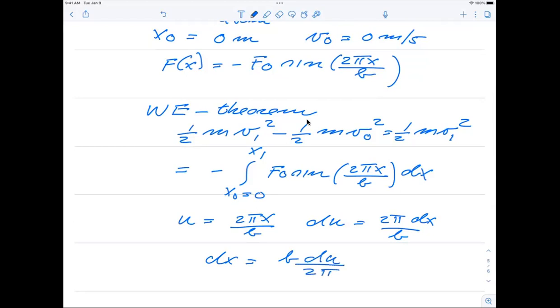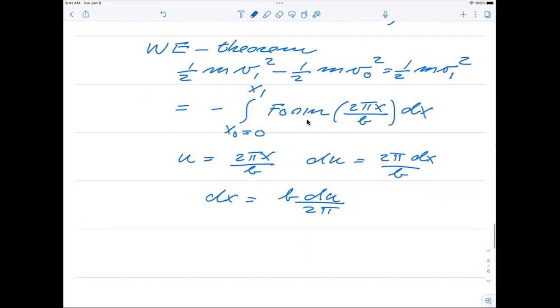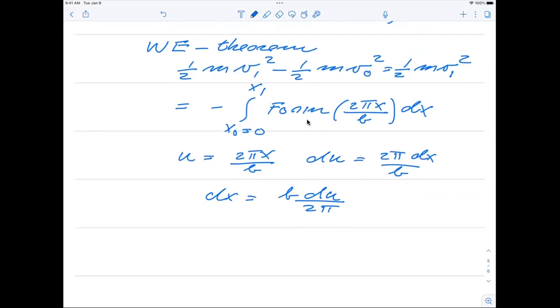So these are just technicalities. If I do that change, I can then easily integrate up, because you see that I have just f0, this constant for the force, multiplied with sine of u, times du, and then I have this constant, b divided by 2 pi. These are just intermediate changes which I'm making to the integrand.